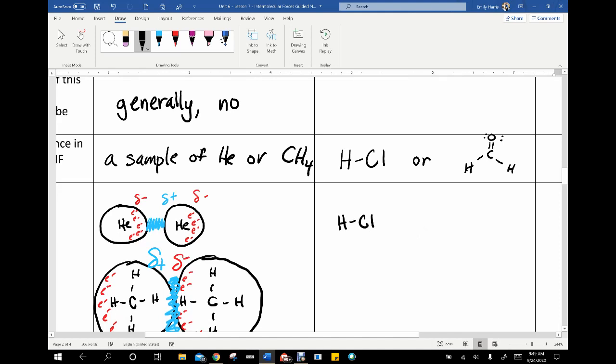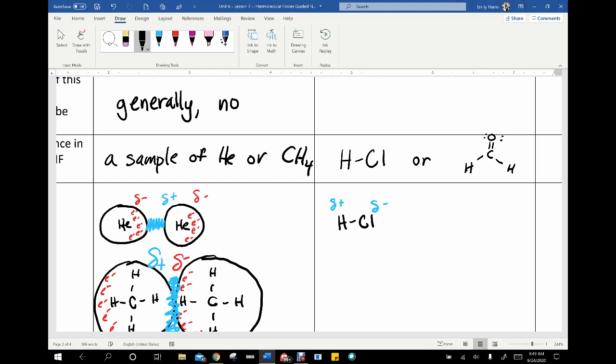We learned from our polarity lesson that chlorine is more electronegative than hydrogen, so its side will be slightly negative, while hydrogen's side will be slightly positive. This is known as a permanent dipole because that's just an inherent characteristic of the molecule based on the electronegativities of its atoms. So here's what's going to happen.